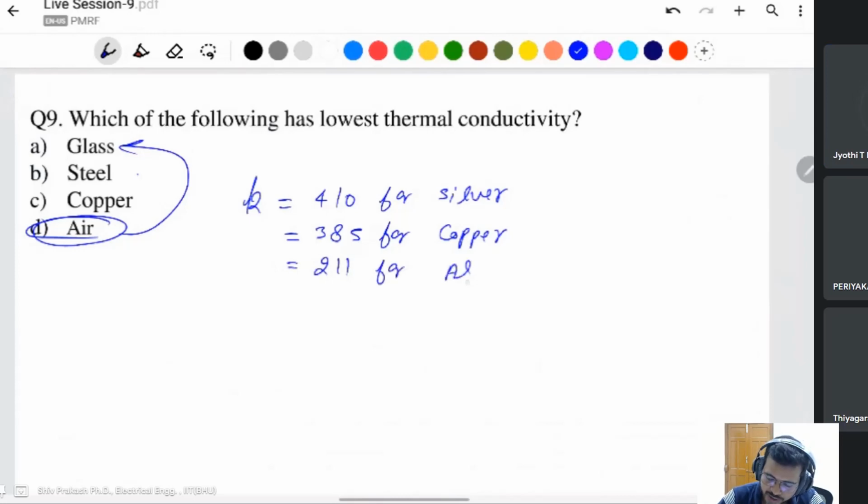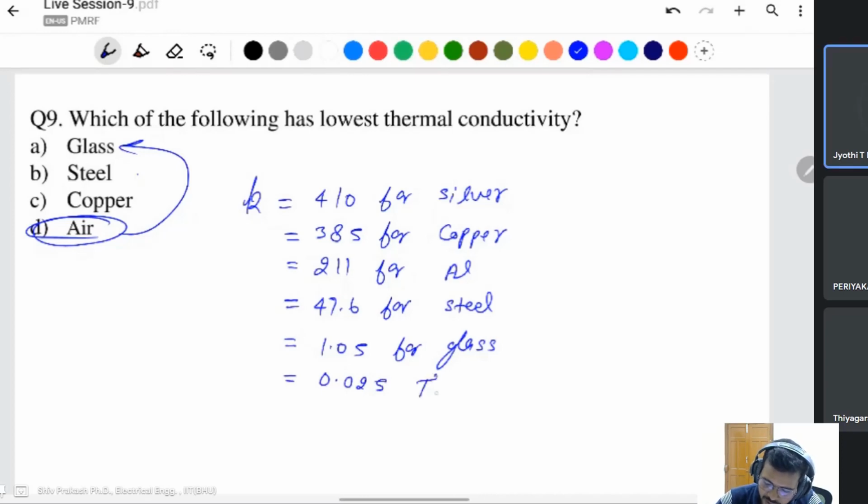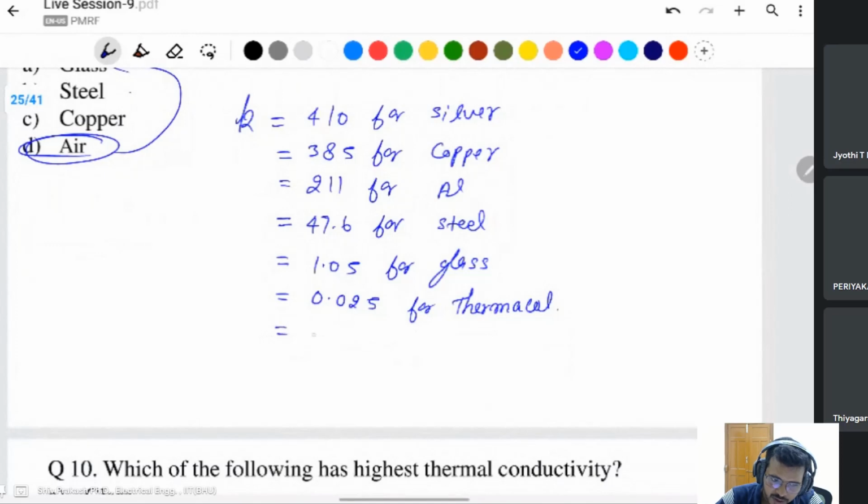I think in the previous question it was given as the aluminum thermal conductivity. And 47.6 for steel, 1.05 for glass, 0.025 for thermocol, and 0.026 for air.